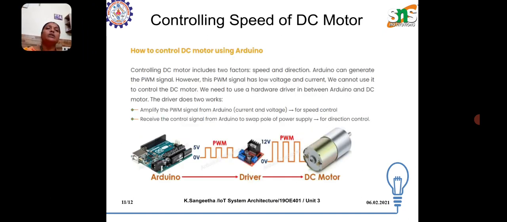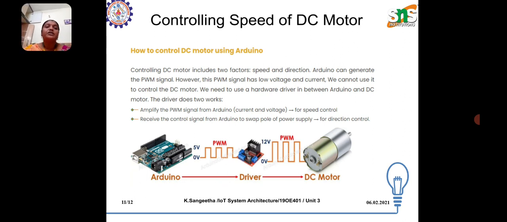So this is for controlling the speed of the DC motor. How do we control a DC motor using Arduino? With PWM. Controlling a DC motor includes two factors, as I already said: speed and direction. The Arduino can generate the PWM signal. However, the PWM signal has low voltage and low current, so we cannot use it directly to control the DC motor. We need extra hardware, a driver, between Arduino and the DC motor.